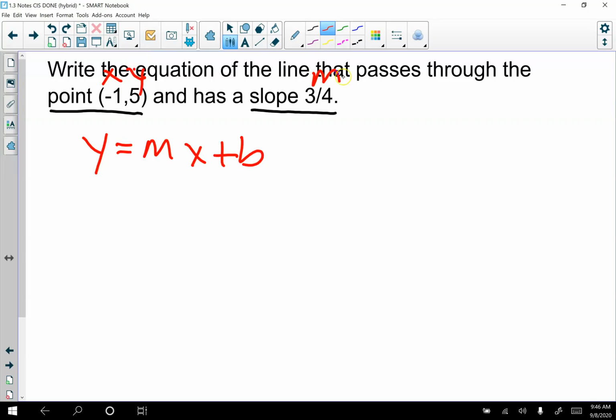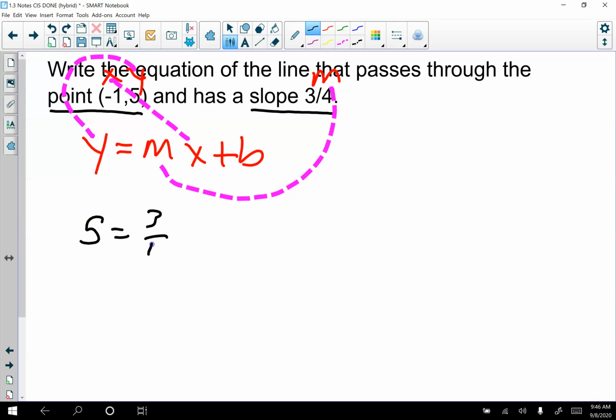And I know my m is 3/4. So if I just plug those in where they go, here's my x, here's my y, and here's my m. I'm just plugging those in. So I'm going to have 5 equals 3/4 times negative 1 plus b.